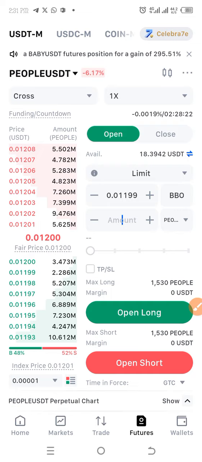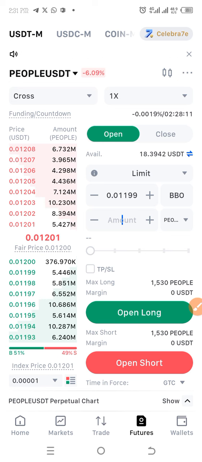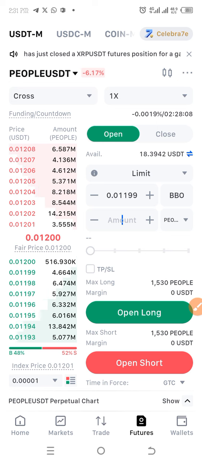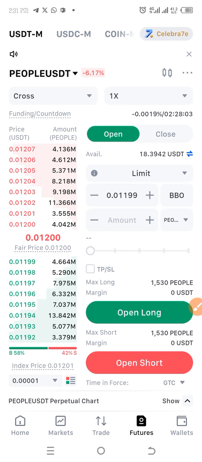So I am using only MEXC for new exchange, for new coins listing here, like all these coin leverage. But if I want to do my own normal trading, which I do sometimes, I will go to Gate.io, or sometimes I use Binance.